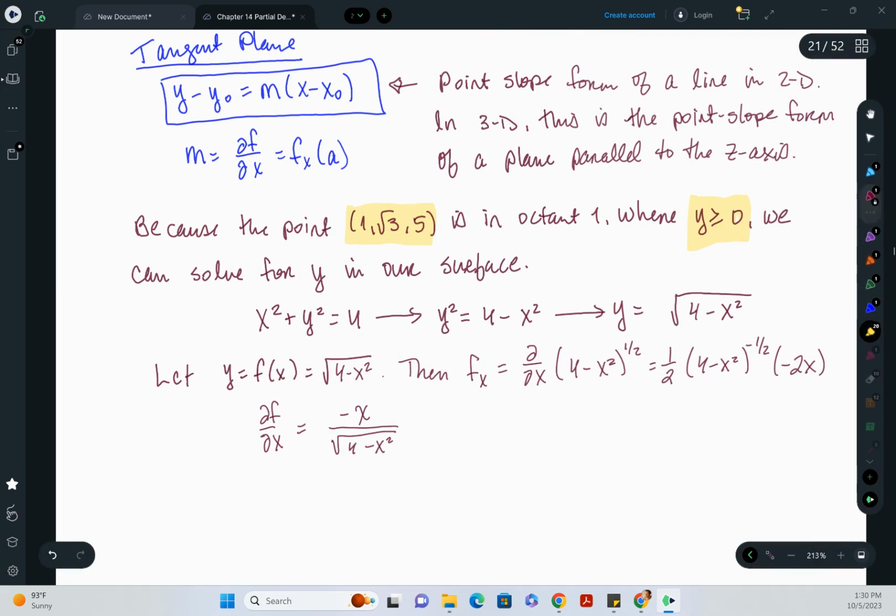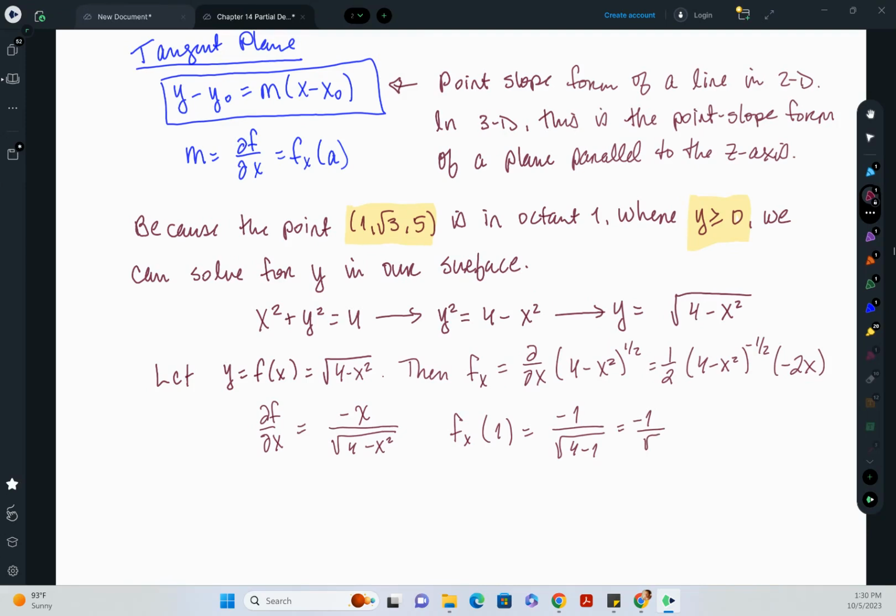So let's go ahead and get that. F sub x of 1 is going to be negative 1 over the square root of 4 minus 1, which gives me negative 1 over the square root of 3. And it's fine to leave that not rationalized. Leave it as is.